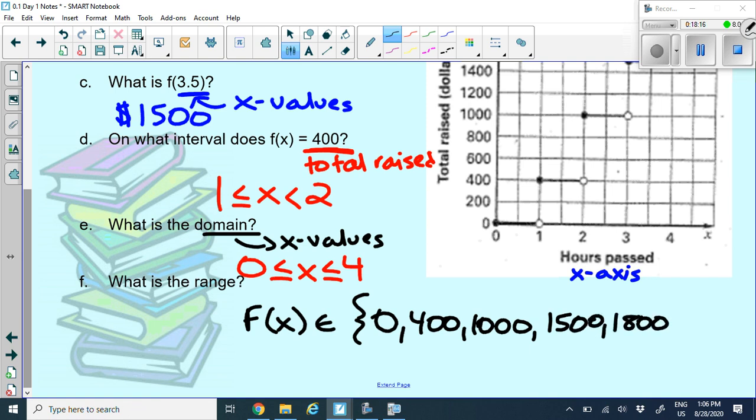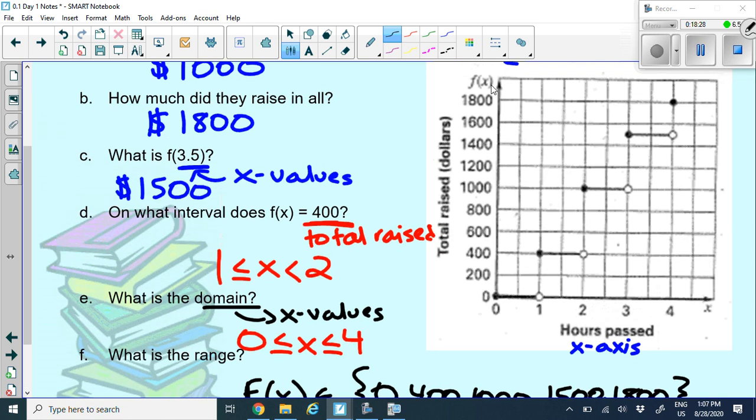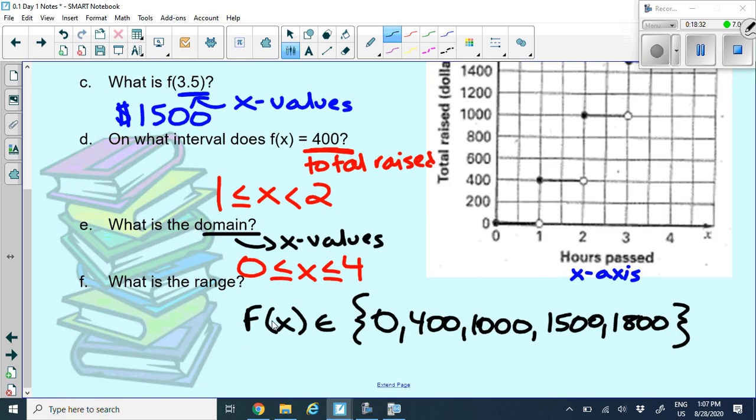Okay. And now I'm going to close my list with a curly bracket. Okay. So this is just saying that f of x, which we also represent as y, it's the y values, but they do show f of x up here, so that's why we're using that instead of y. So our range includes 0, 400, 1,000, 1,500, and 1,800, because those are where the closed circles are at.